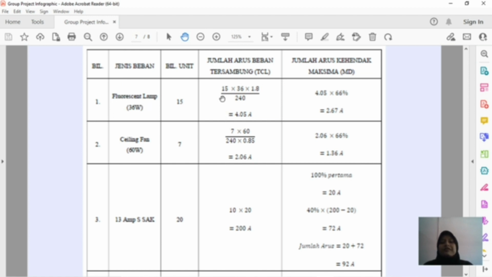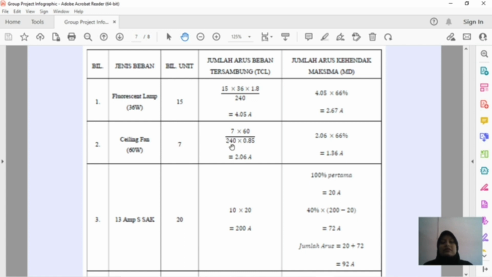So first, we calculate the TCL of the fluorescent lamp, which is 15 units times 36 times 1.8 divided by 240, equal to 4.05 A. 4.05 A times 66% you will get 2.67 A for MD.